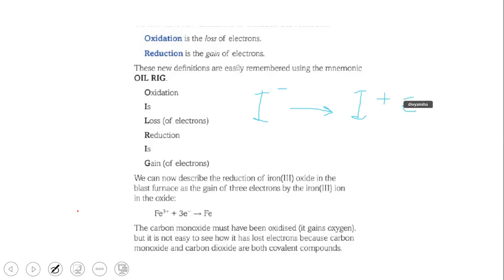Iodide ions turning into iodine. What is the formula of iodine, by the way? Yeah, good job.